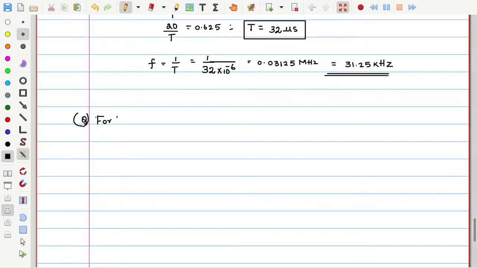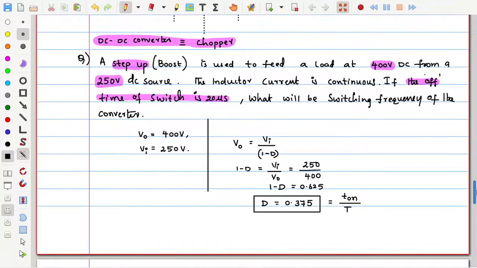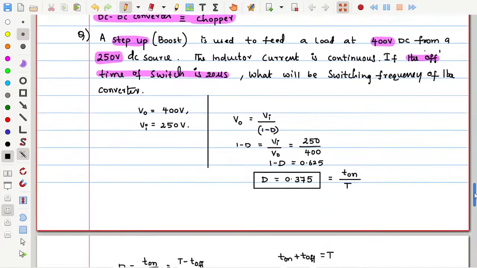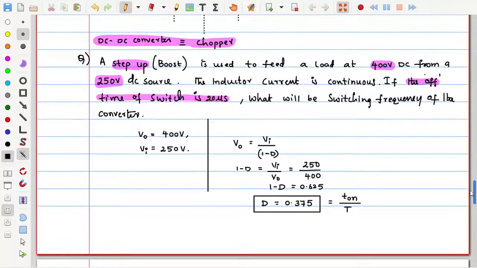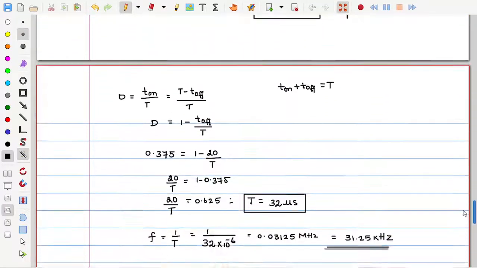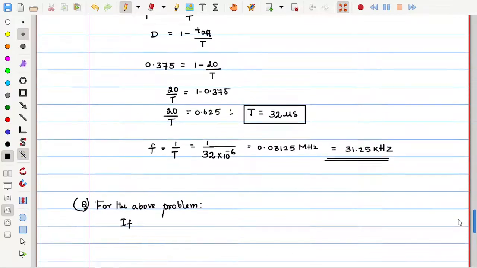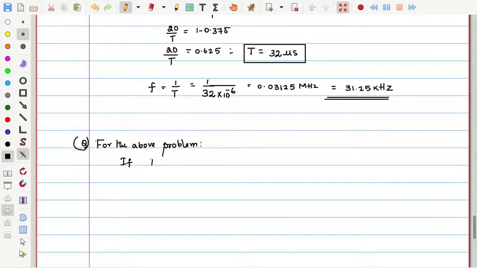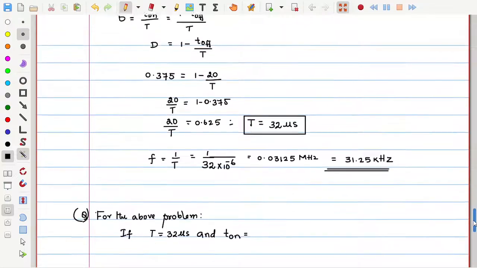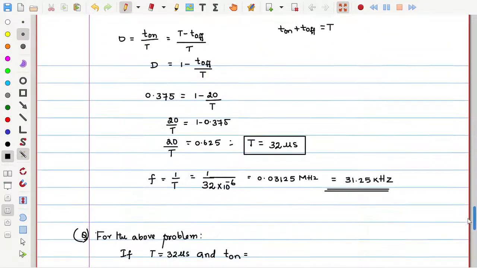For the above problem, if T is equal to 32 microsecond, no change in this, and let us see T on. T off is 20, so 12 I'll get.